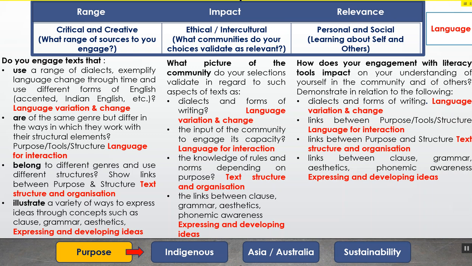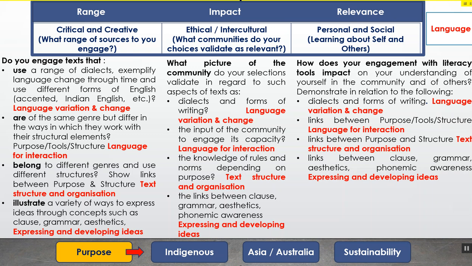So we could actually make some assessments of how well we're doing this, right? This is how we're going to have a little bit of a critical think about it, just for the fun of it and for the assignment. So how does the engagement with literacy tools impact on my child's understanding of him or herself in the community?